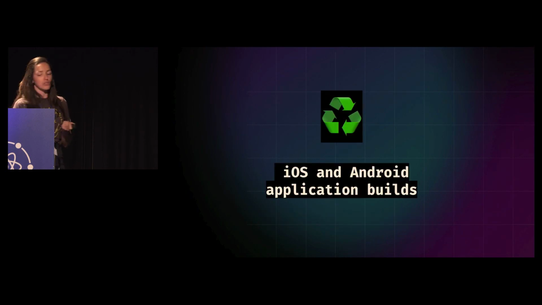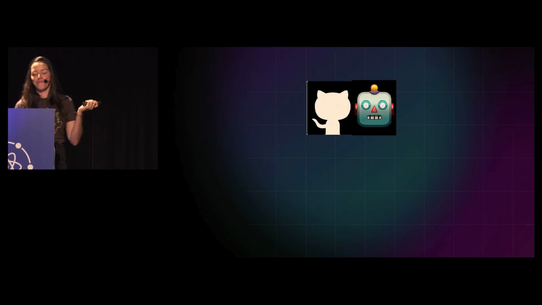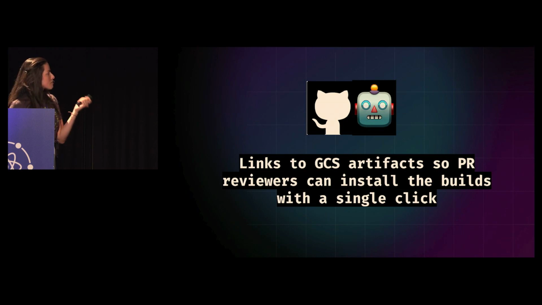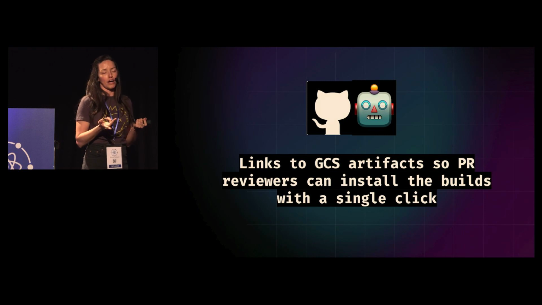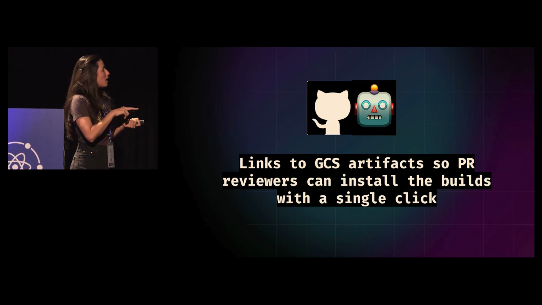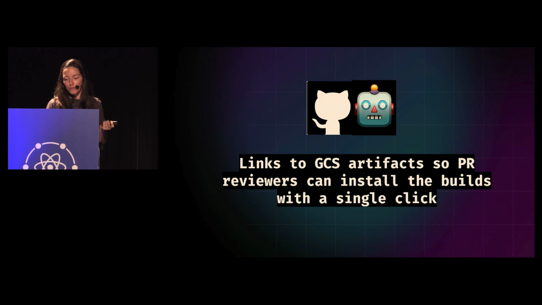So this means that we basically reuse the builds for iOS and Android applications and also for React Native for the purpose of top hatting. And then the GitHub bot gives us the opportunity to download both of the builds, for iOS and Android, with just one click. I don't know if you'll be able to get this video to show.